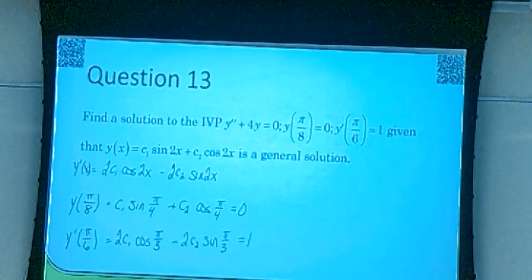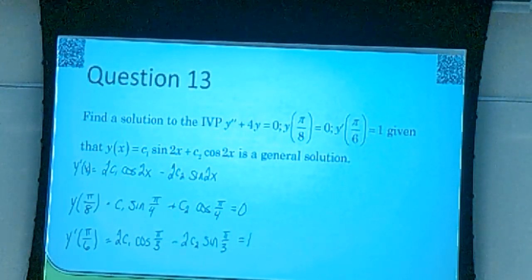This one isn't really that difficult. Cosine and sine are equal at pi over 4. That would mean that C1 and C2 just have to be opposites of each other. So C1 has to be negative C2.